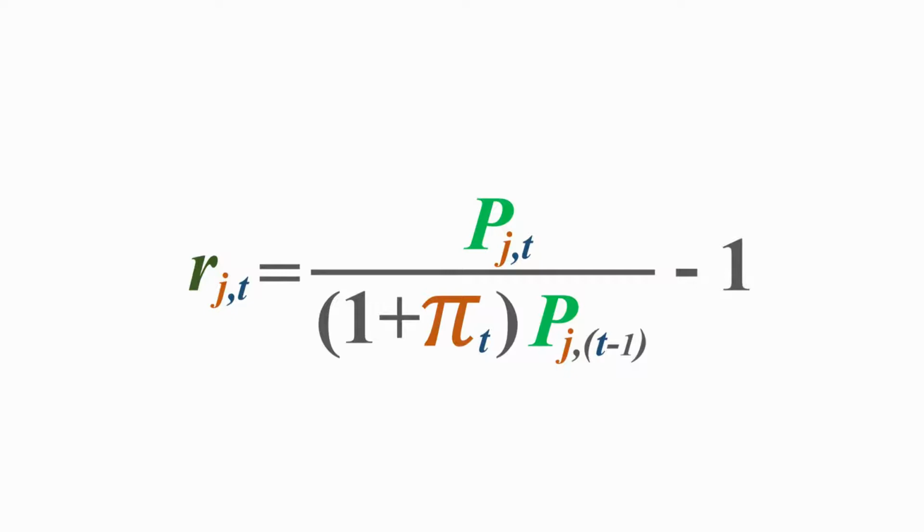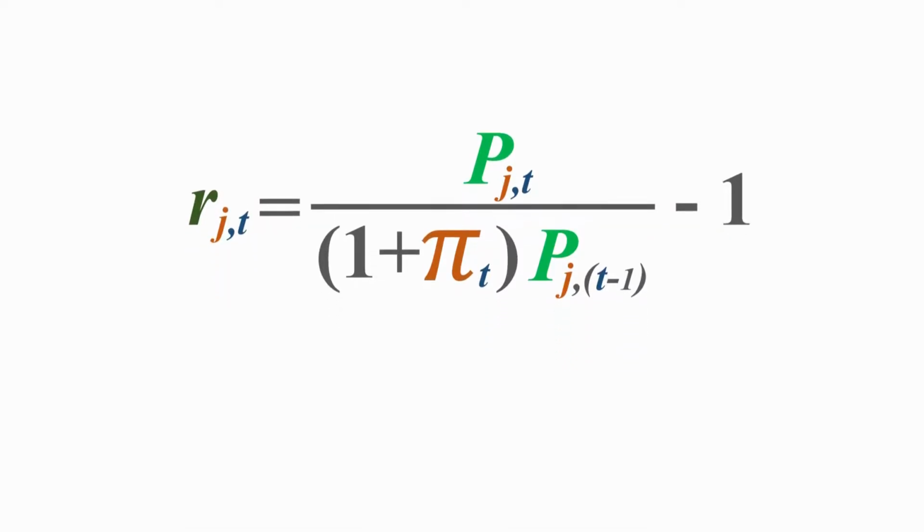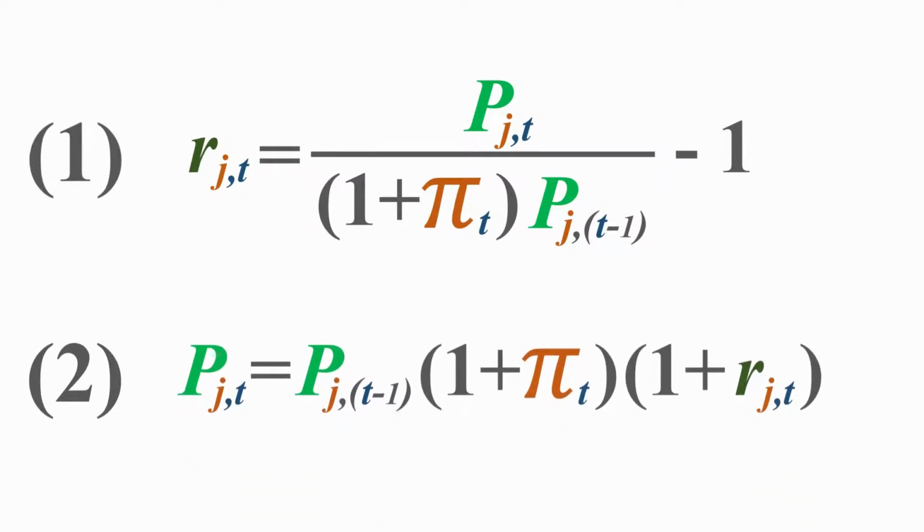Our first step is to isolate the price of J at time t, which is in the numerator of the equation. To start, we'll want to add 1 to both sides of the equation, which will give us 1 plus the rate of the real price change of J at time t on the left side of the equation. Next, we'll want to multiply the denominator to each side of the equation.